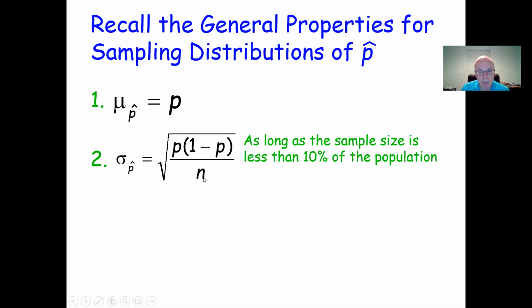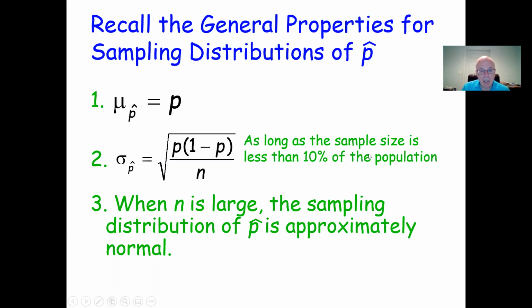And of course n is our sample size. And of course, one of the requirements is that our sample size is less than 10% of the population. But another requirement is that n times p and n times 1 minus p must be greater than 10.